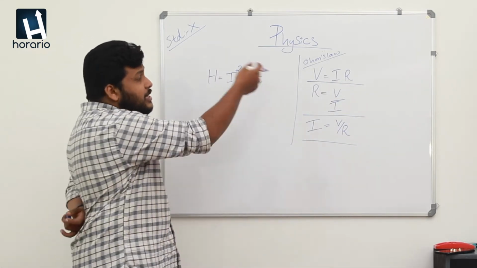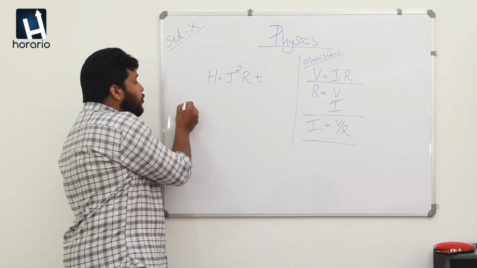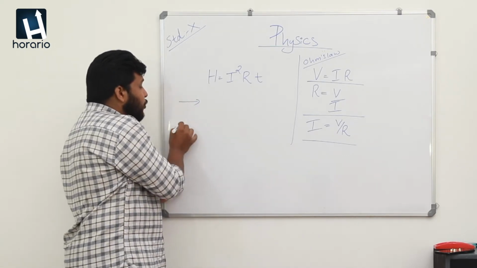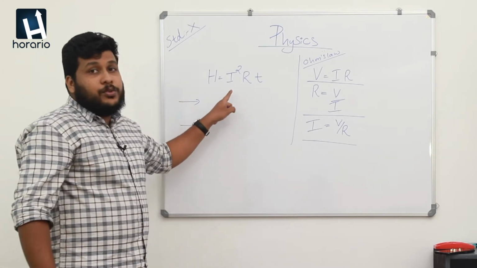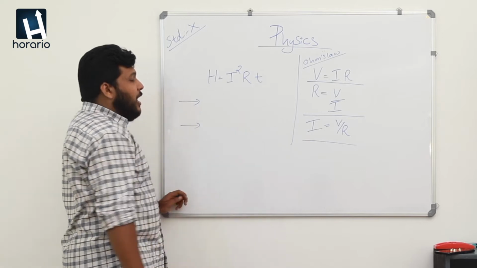So substituting these relations into this equation, we can also derive another 2 equations from Joule's law. That's H is equal to I square RT.